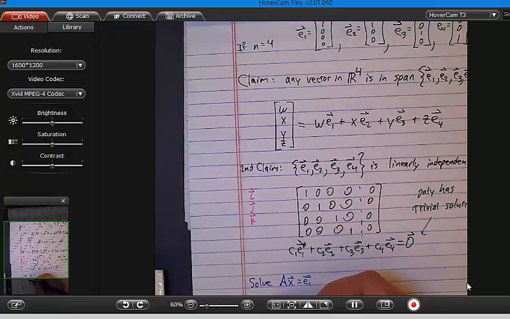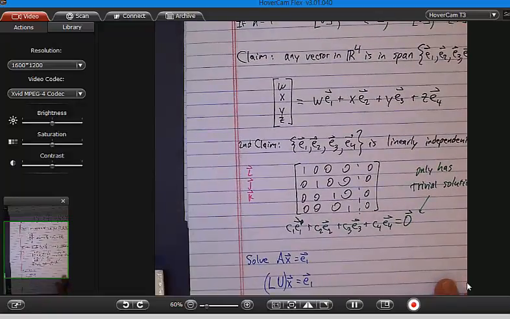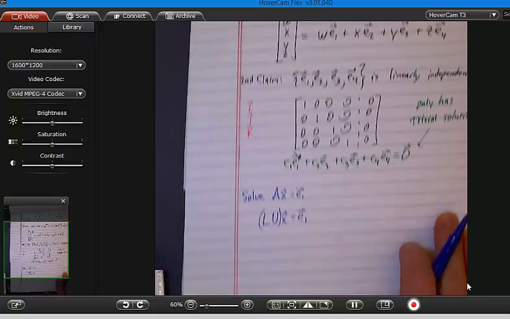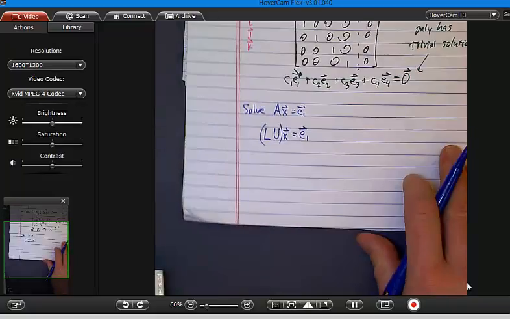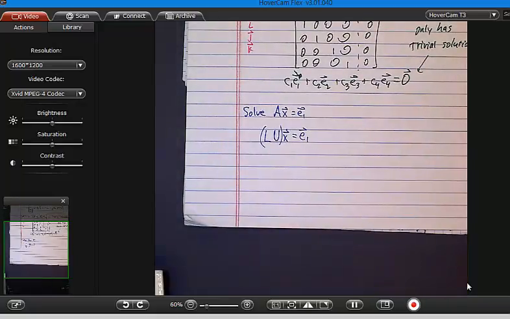So the trick is that what you really have is L times U times X is equal to E1. Right? Because I told you guys we actually have a way of expressing A as L times U. We wrote that down on the previous page. I'll bring it back shortly, but not yet.